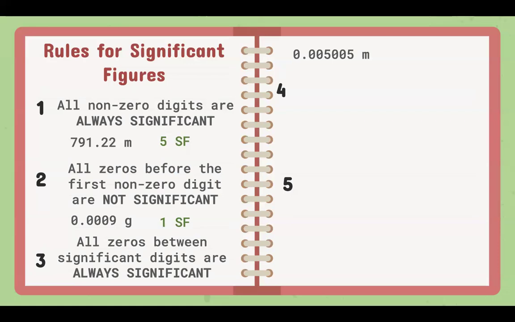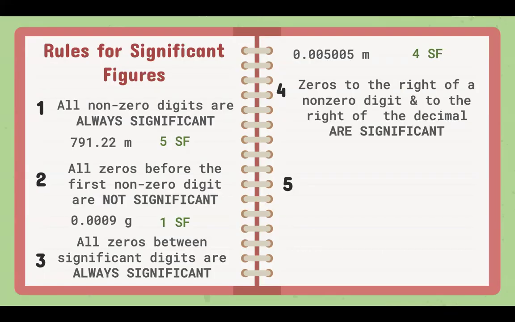If your answer is 4, then you are correct. For rule number 2, all zeros before the first non-zero digit are not significant. But if the zeros are in between non-zero digits, then all of them are significant. You got that? All right.